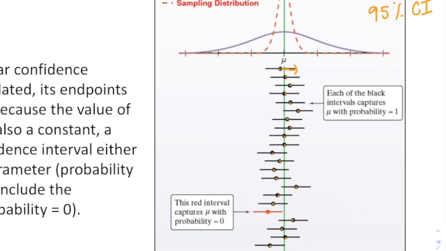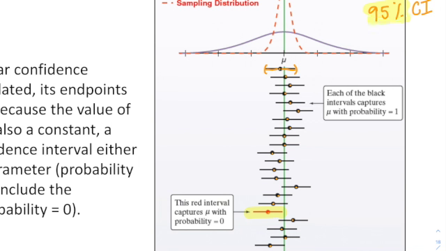Then, for each of them, a 95% confidence interval was constructed, so you give and take for the margin of error. Now notice, all of them are in black except for this one interval that is in red. And look at the difference between what the red one is and the black one. All the black ones touch that green line, which from above represents that true parameter value, but this one does not.